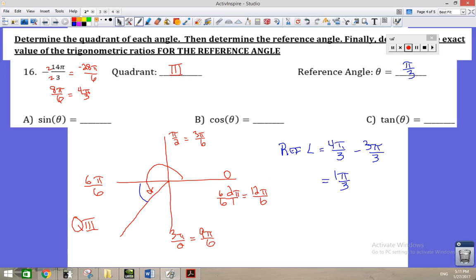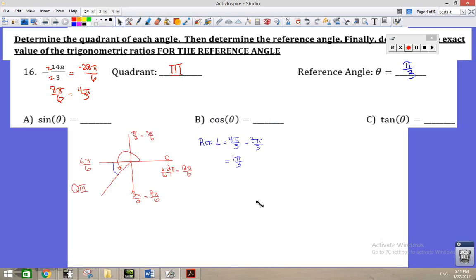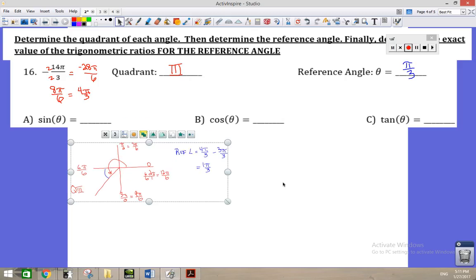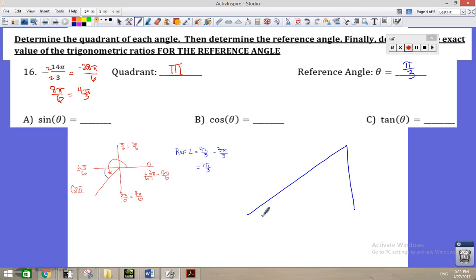Now it wants me to find the trig ratios of pi over 3. Well, I have those ratios memorized in the form of a 30, 60, 90 degree triangle. If this is pi over 3, that's 60. If this is pi over 6, that's 30. They're complementary.